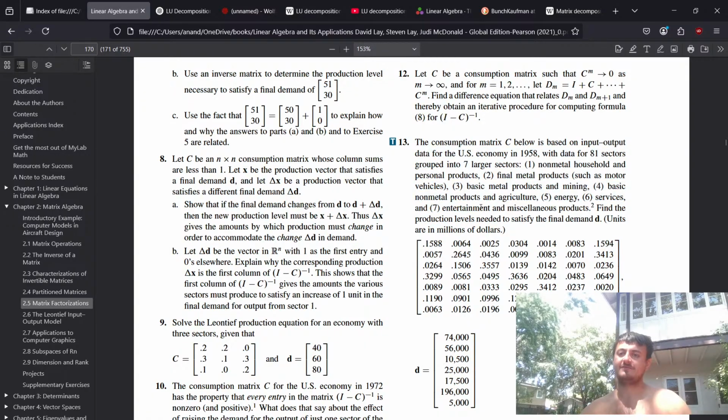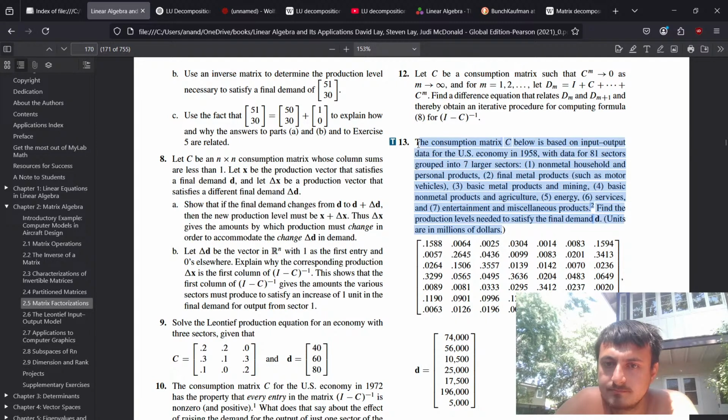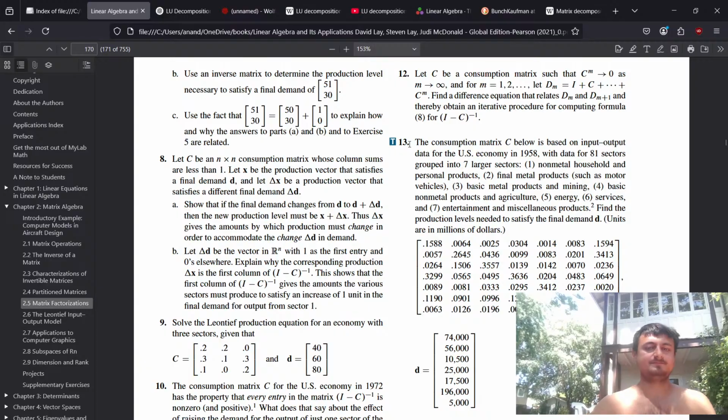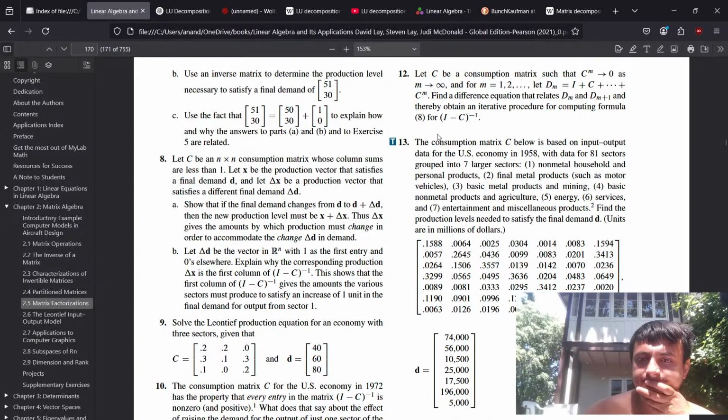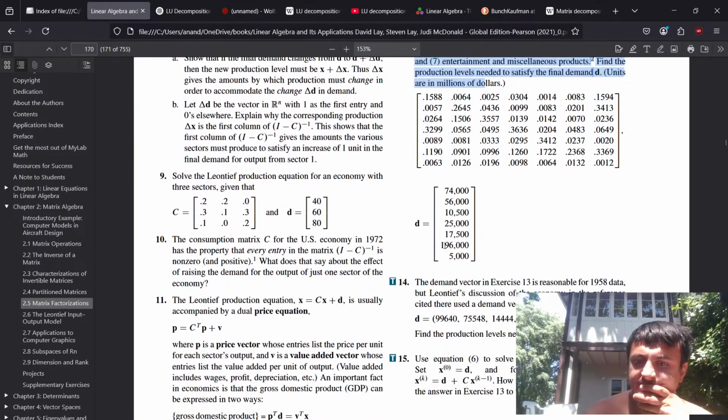The consumption matrix for... man, look how much of this is related to metal. It's crazy. It's just gonna be another backslash one. I don't really care.